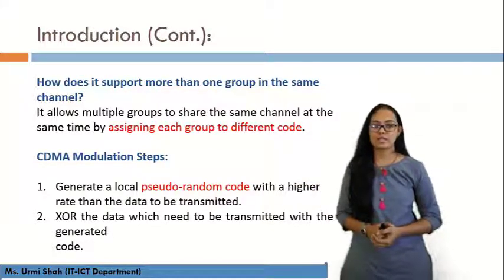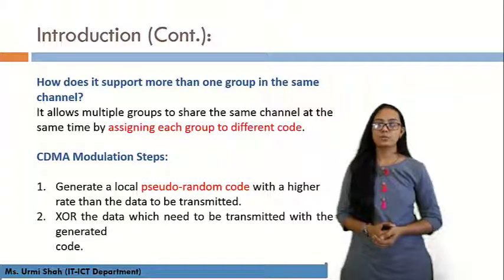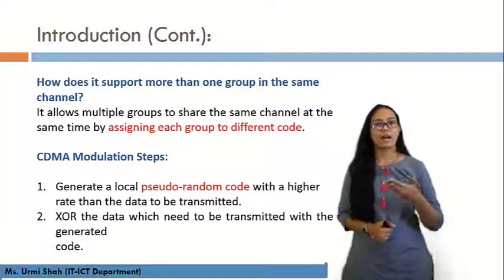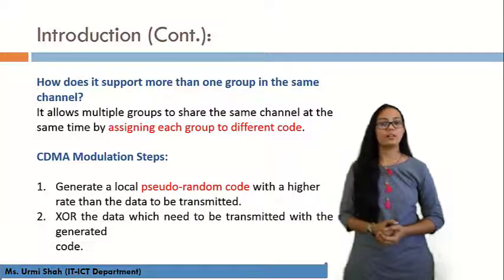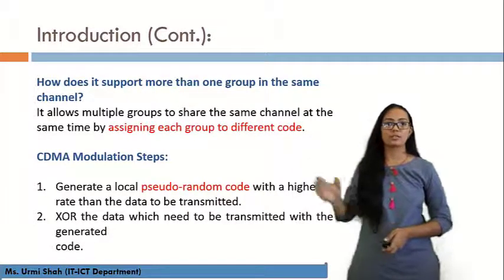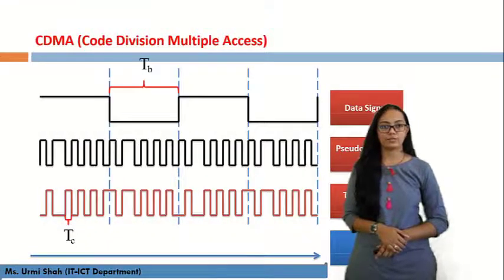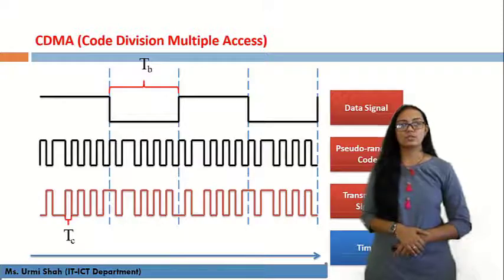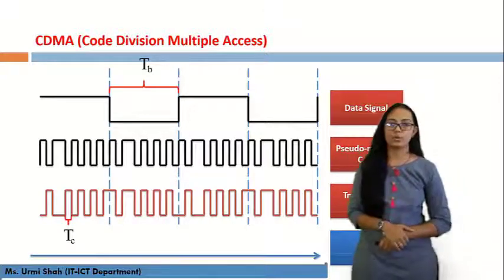CDMA modulation steps involve generating a local pseudo-random code with higher rate compared to the data that is to be transmitted, then XORing the data which you need to transmit with the generated code. So these are the steps if you want to generate a CDMA output. This is your data signal and this is your pseudo-random code.